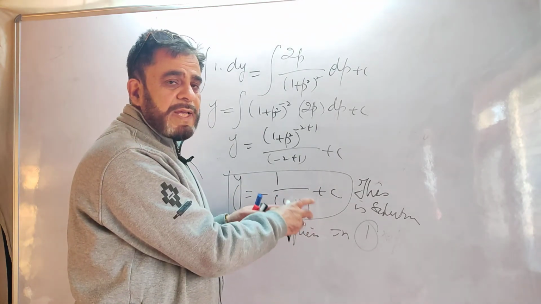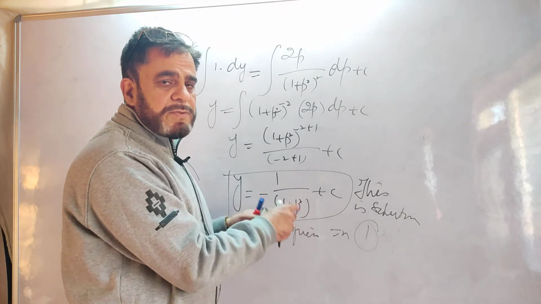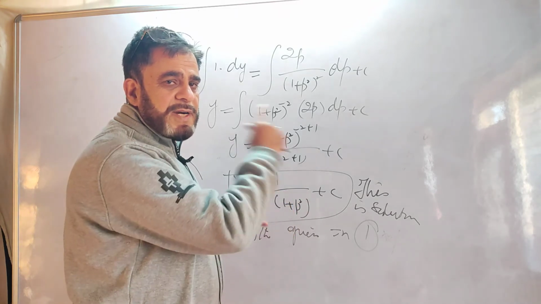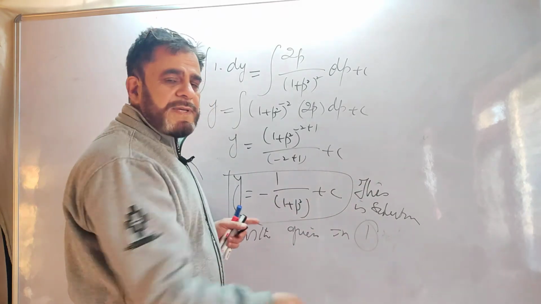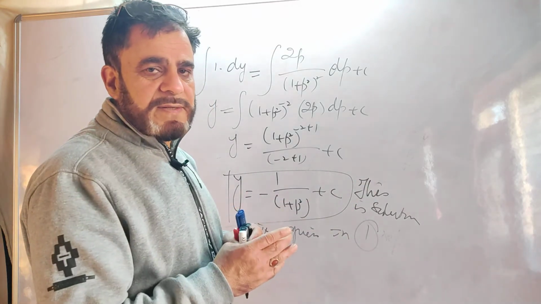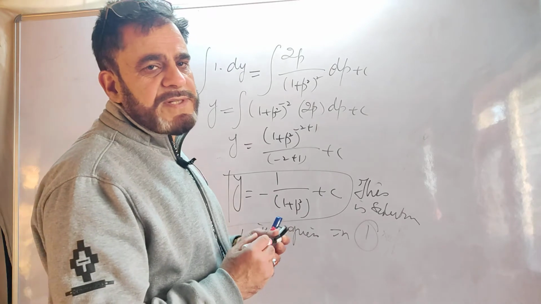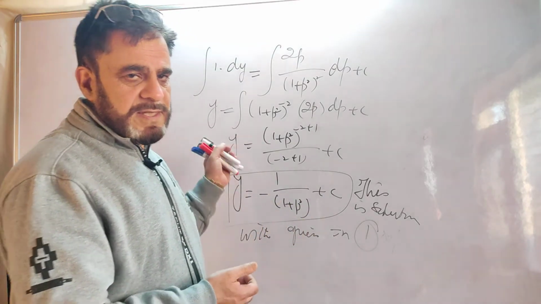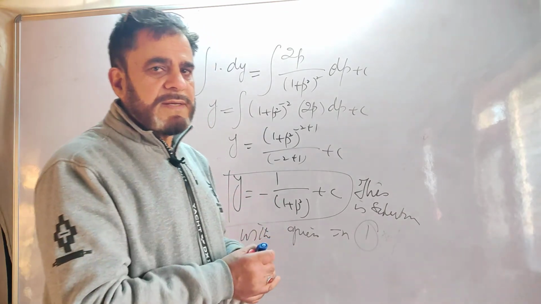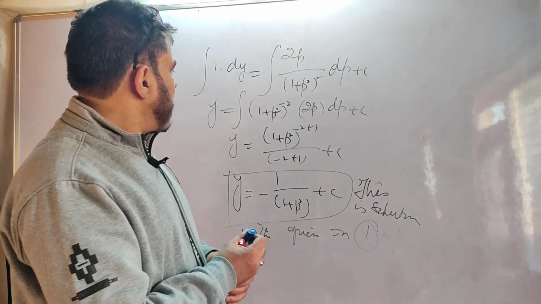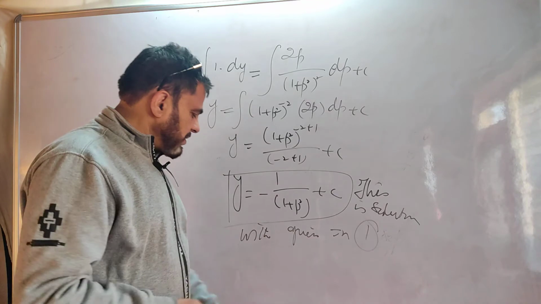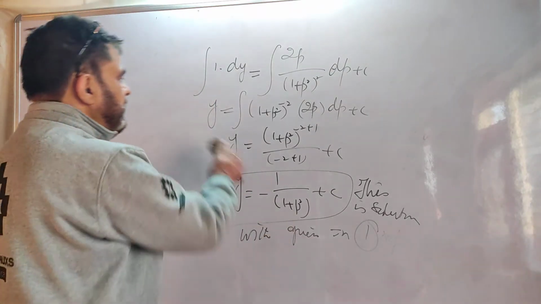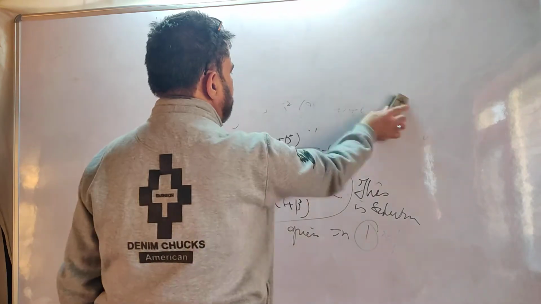I have already told you, when it becomes a bit difficult to eliminate p, we express x as a function of p and y as a function of p. These two equations together give the solution of the given differential equation. This was one mixed problem that I discussed with you, where y was missing and x was a function of p. This is one problem that we have done here.